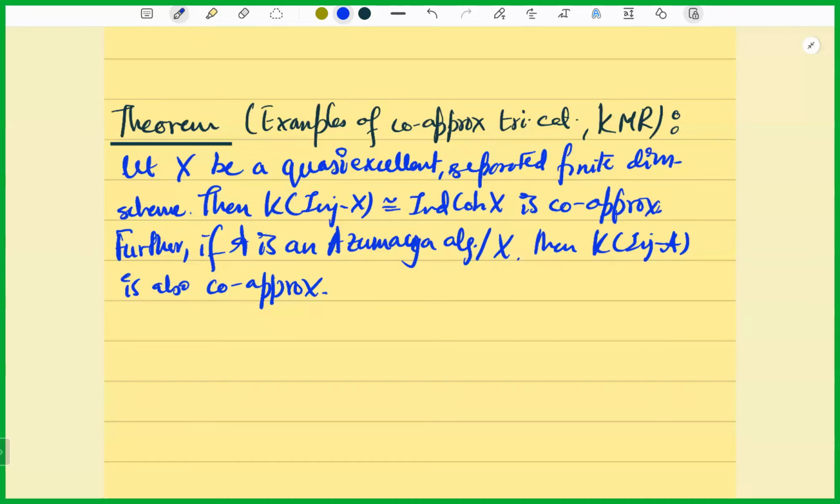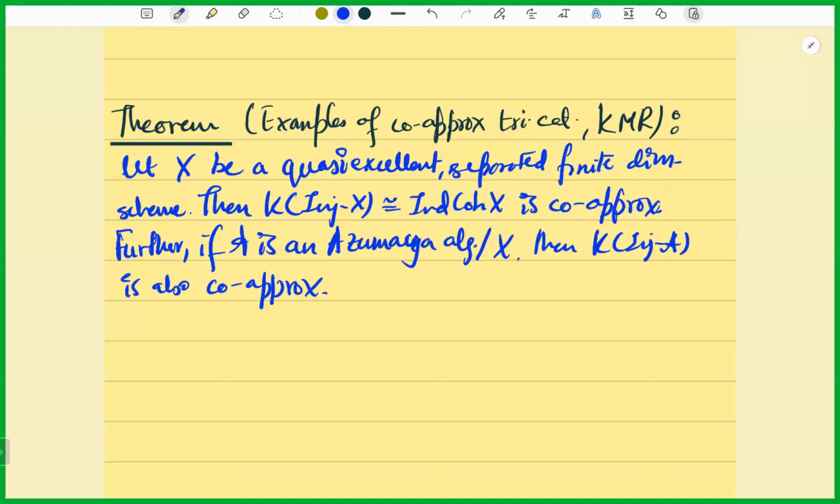Sorry, another tedious thing. Basically, when X is J2 and regular, you have this category to be both co-approximable and approximable, right? Regular is enough.